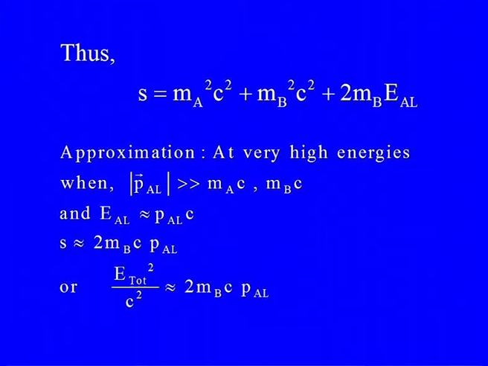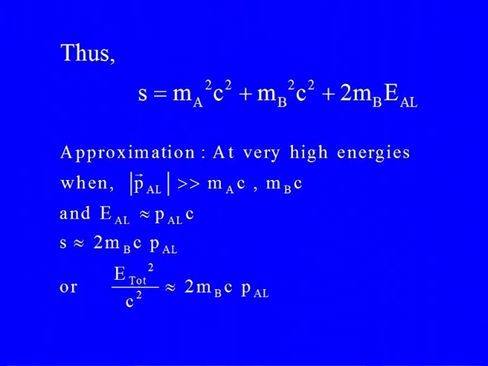Also, we can use an approximation at very high energies, the so-called ultra relativistic case, when the momentum is much greater than MA times C, that's the rest mass times the velocity of light. If it's very big, how does this expression for the invariant S turn out to be?